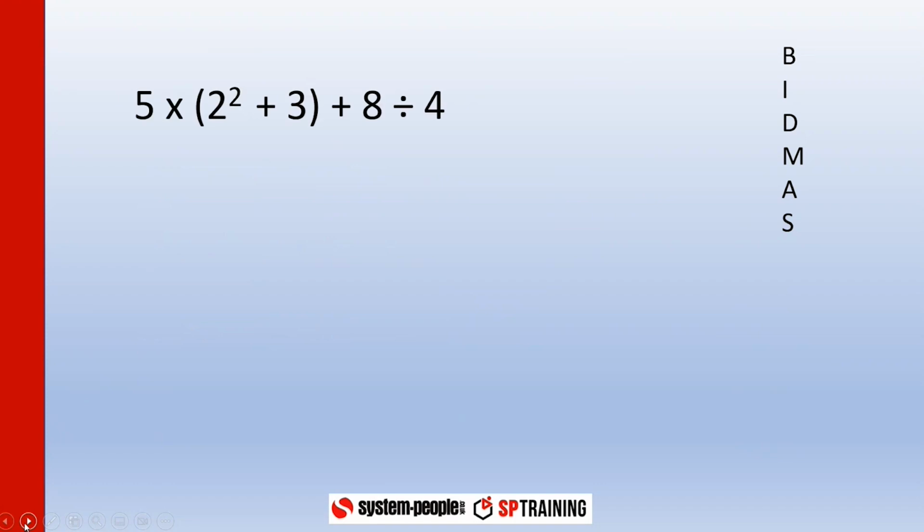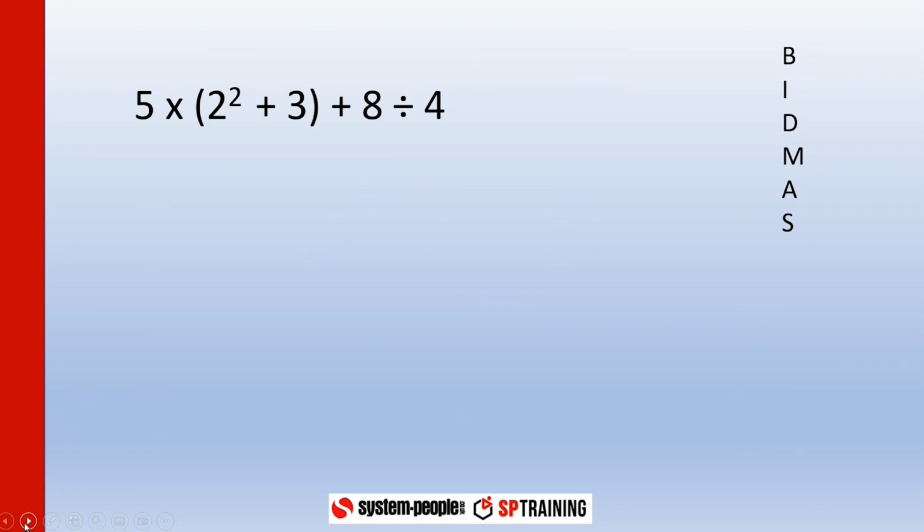Let's move on to the next part as well. We've now got BIDMAS again, and this is a more complex question. We've got 5 times, and in brackets we've got 2 squared plus 3, close bracket, plus 8 divided by 4. And so we go down the list. Well, we've got a bracket here, so we look inside the bracket, and inside the bracket we apply BIDMAS rules as well.